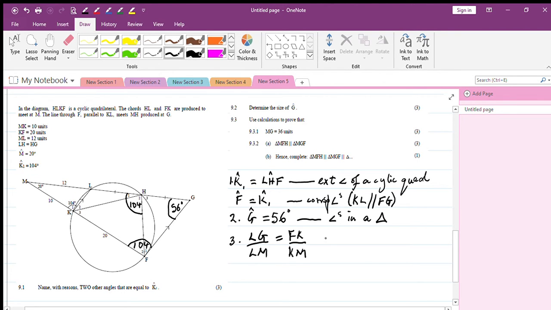Reason: proportionality, and we've got the two parallel lines, KL parallel to FG.